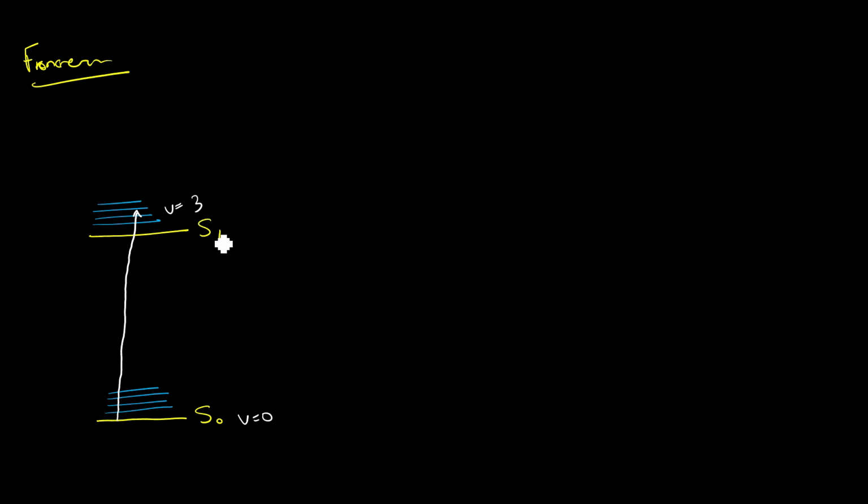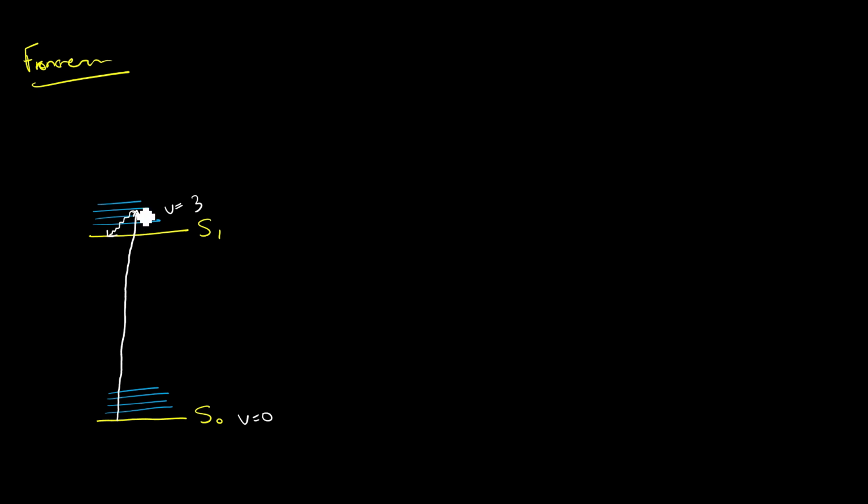Let's consider it. Now what happens in fluorescence is, after this absorption and excitation happens, the molecule has high energy. It will try to find a way to be more stable by releasing the energy. So when the relaxation happens, in the first step they undergo vibrational relaxation.